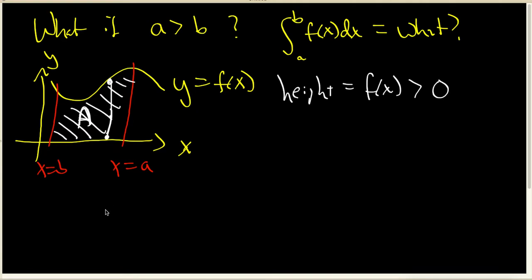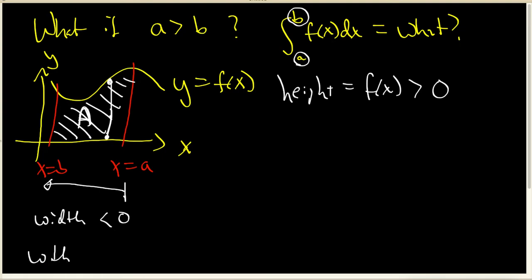Now, the width is always going to go from the bottom endpoint of the integral towards the top of the integral. And what I want to notice is that the width here is less than 0. The width is still going to be b minus a, but b minus a in this case is less than 0.